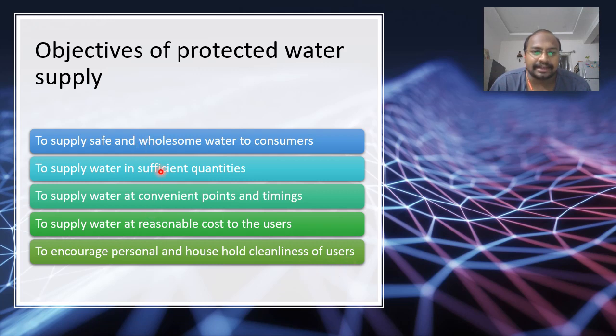So all these five are the objectives for protected water supply. We are going to supply the water, but the water should be protected by all these five elements. These are the objectives.